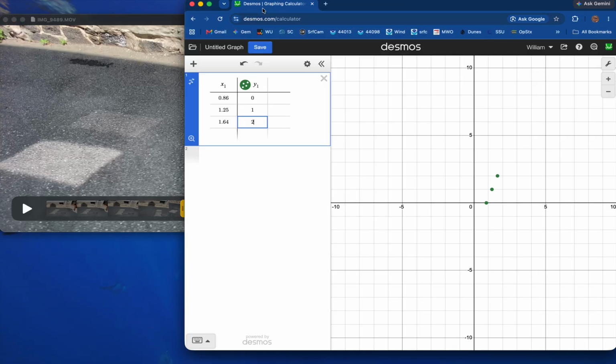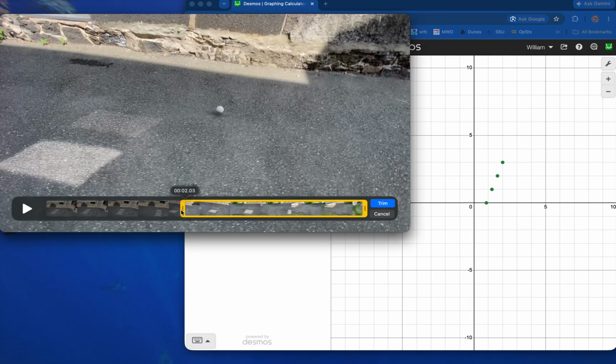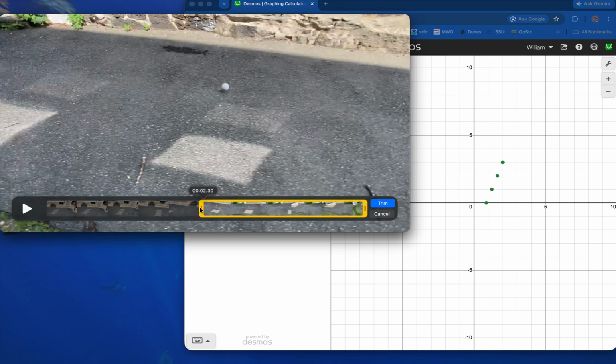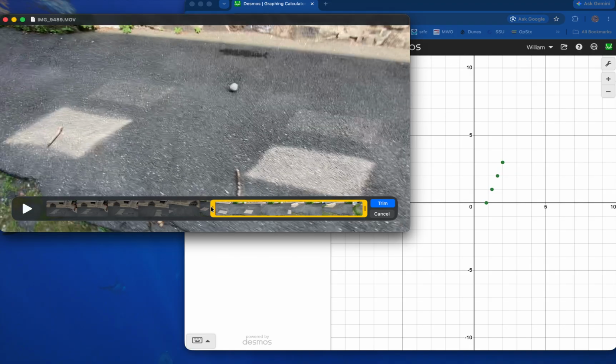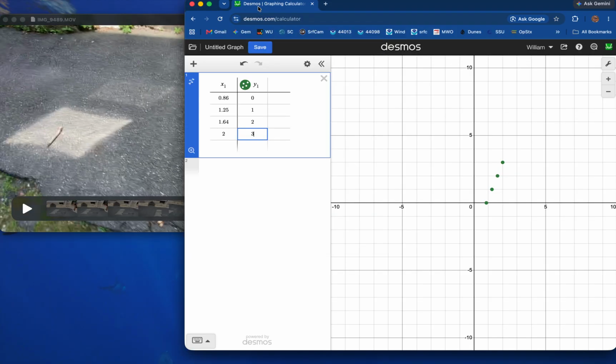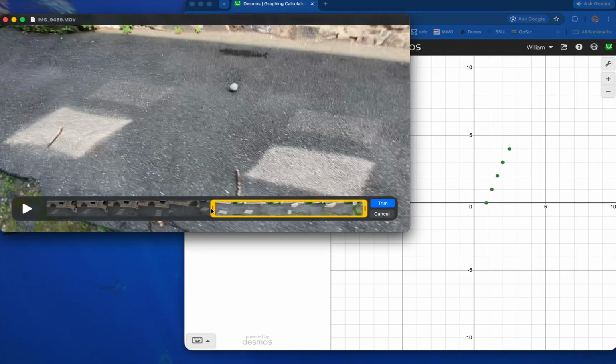So at about the 2 second mark, it had gone 3 ski poles of distance, and so on and so forth. The next stick happened around 2.45-ish, 2.47. So 2.47, it had gone 4 ski poles.